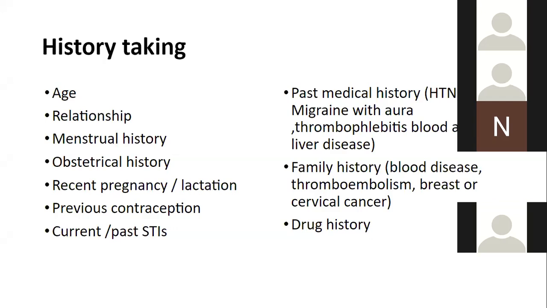These actually increase the metabolism of combined oral contraceptive pills, thus making them less efficacious. And so you have to actually increase the dose of the combined oral contraceptive pills, or it is better to switch to other methods. So this is one part of the history.